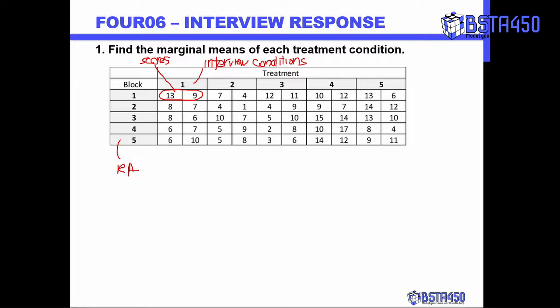Inside the blocks, you're looking for 5 researchers who are trained the same way, and hopefully we're trying to create a homogeneous environment. So if there's one person who is slightly different or treating people slightly differently, we'll be able to see it.